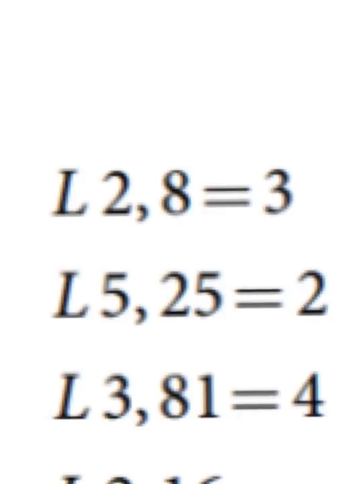See if you guys can find the relationship between this 2, this 8, this 3, this 5, this 25, this 2, and this 3, this 81, and this 4. Go ahead and pause the video and see if you can find the relationship between the three red numbers, the three blue numbers, and the three green numbers.